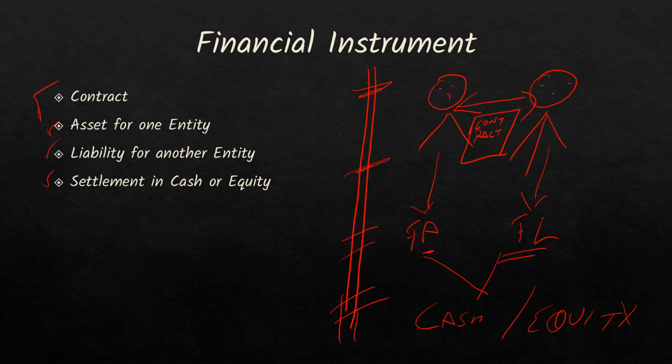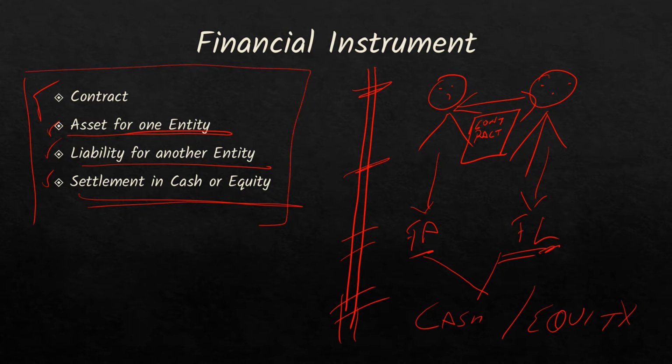One is showing it as a financial asset, another is showing it as a liability. So it is an asset for one entity, a liability for another entity, and settlement is in cash or equity. If these four conditions are satisfied, then that transaction will fall under the purview of financial instrument.